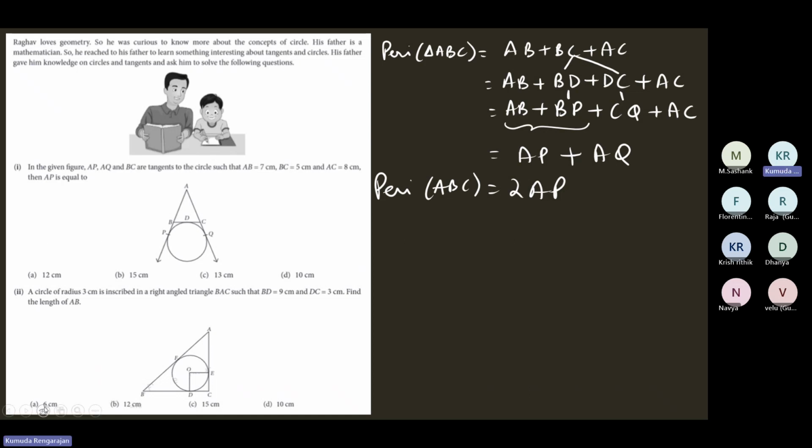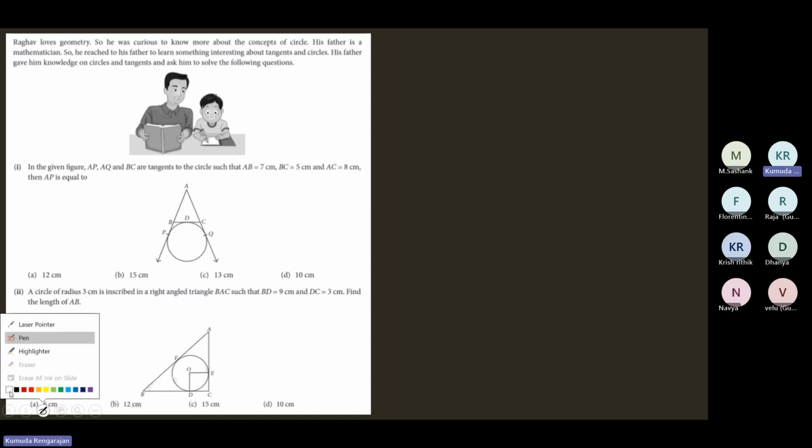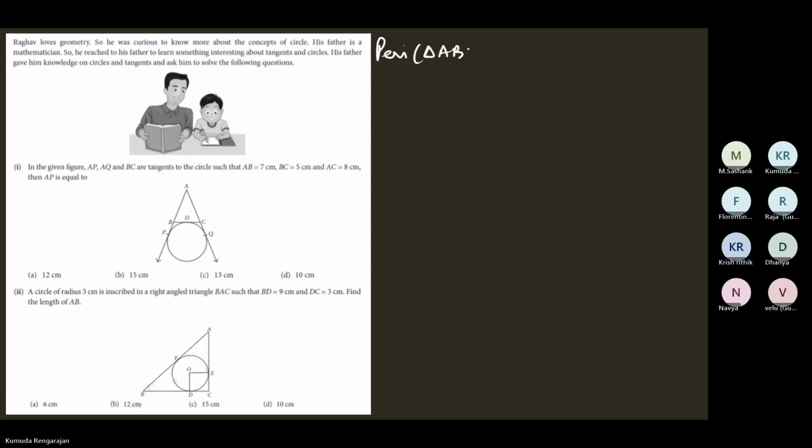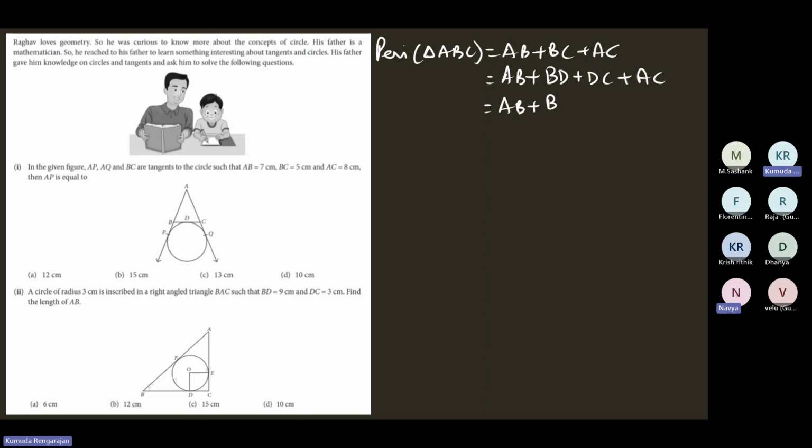Let's do this again quickly, children. You tell me, I'll write. What is BC? Next, BP.